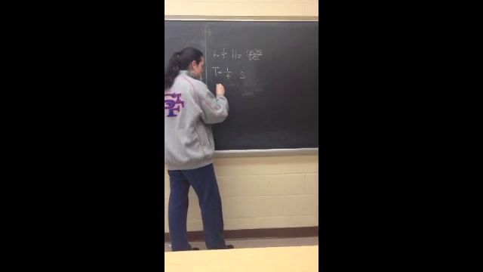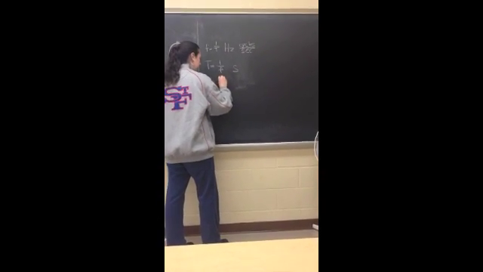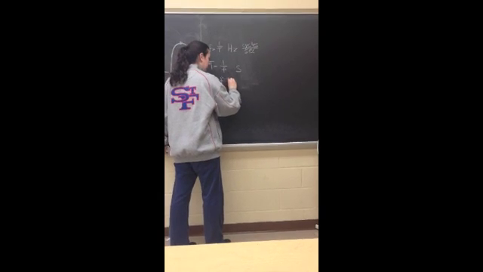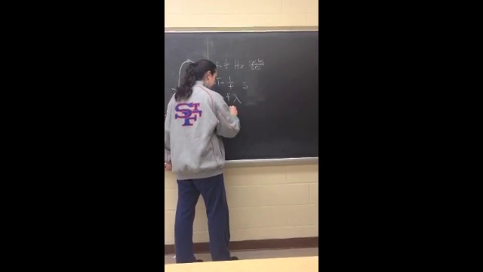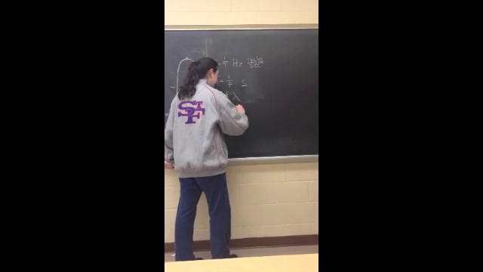To find the velocity of a wave, you multiply the frequency, which is f, times the wavelength. Now lambda is the sign for wavelength.